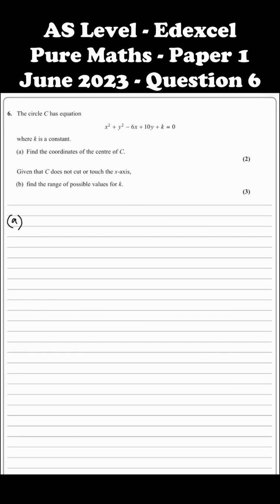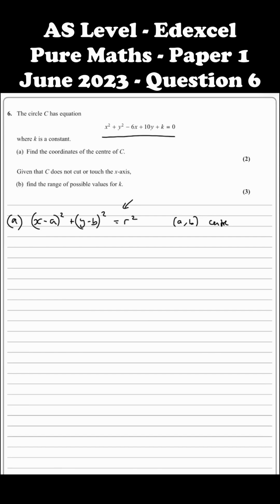So we know that an equation of a circle is (x minus a) squared plus (y minus b) squared equals r squared, where (a, b) is the centre of the circle. And we are told that this equation here is the equation of a circle, so it must be in this format.